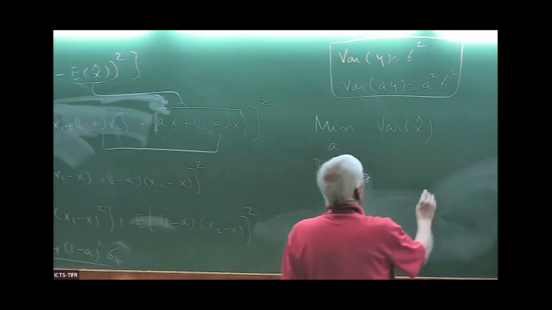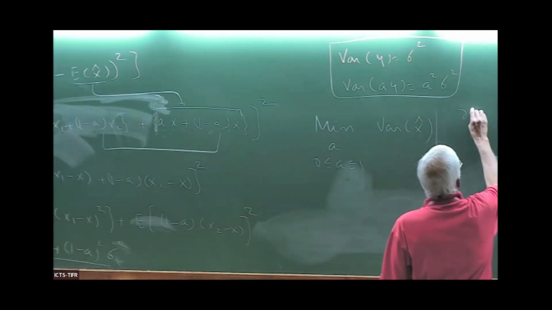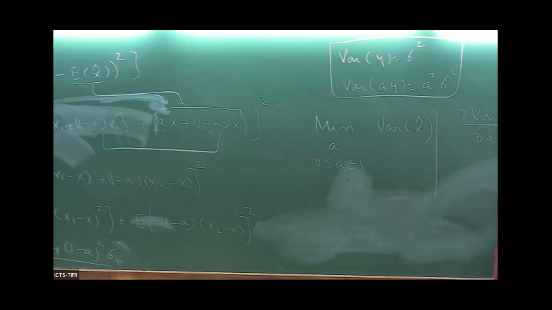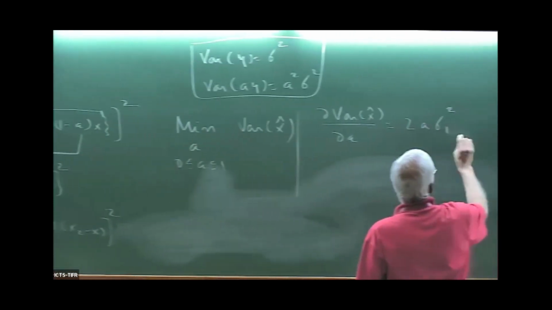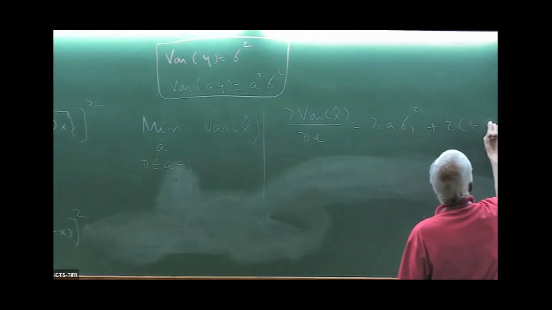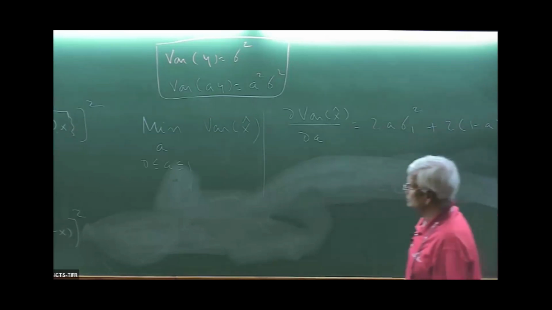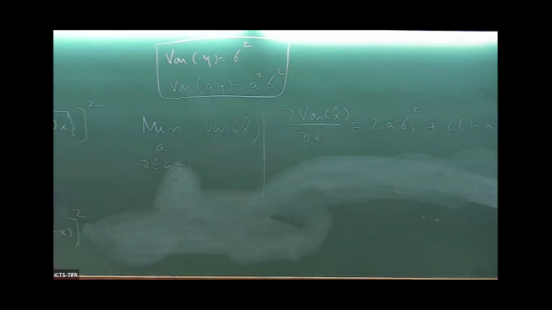So let's do that now. The partial of variance of x hat with respect to A is equal to 2A sigma 1 square plus 2 times 1 minus A times minus 1 times sigma 2 square. The differential coefficient is that.